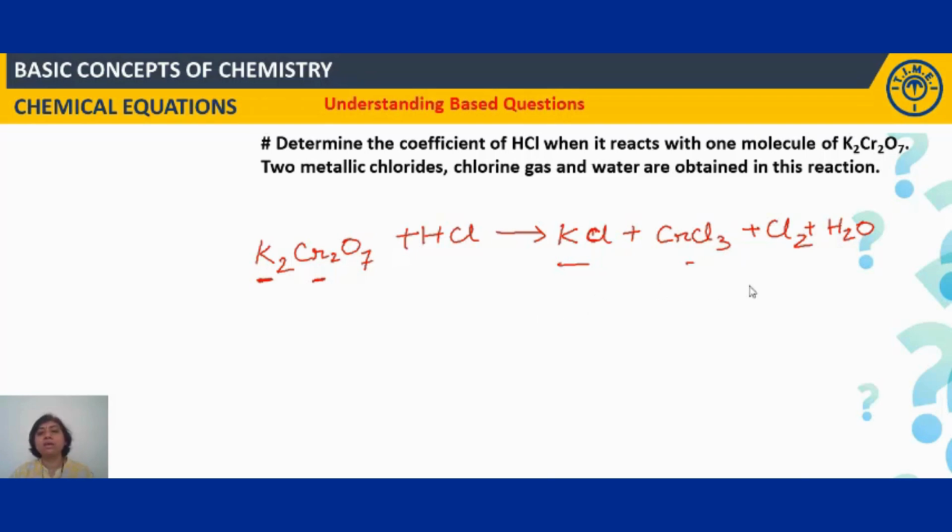Hydrogen is in one place on the reactant side and one place on the product side. Oxygen is in one place in potassium dichromate and in water on the product side. But chlorine is in one place on the reactant side, while on the product side it is in potassium chloride, in chromium chloride, and it is also liberated in the form of chlorine gas. So three different products have chlorine.